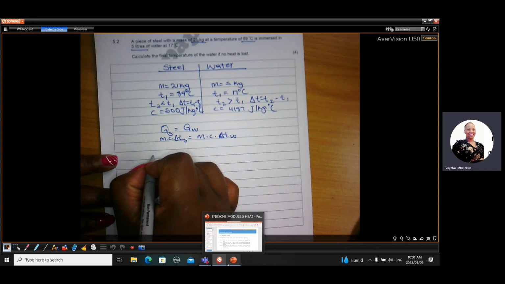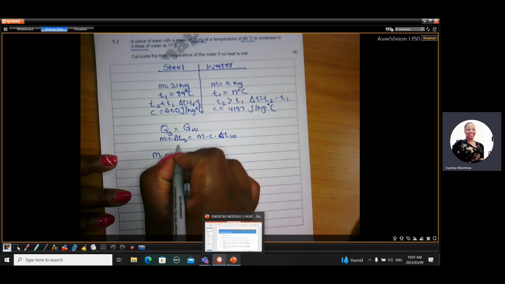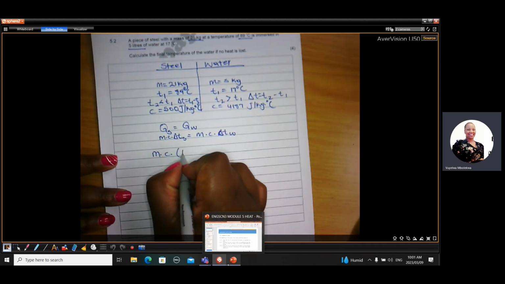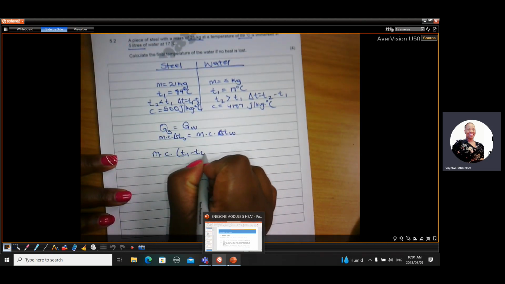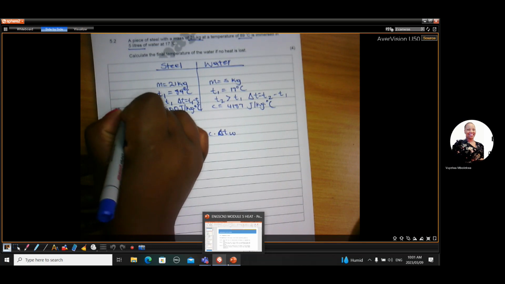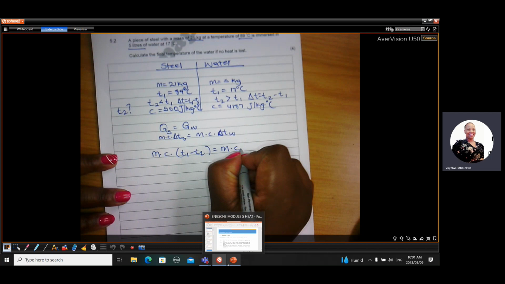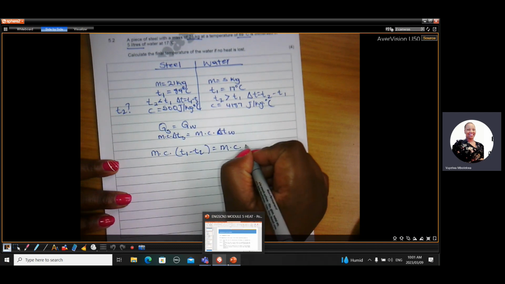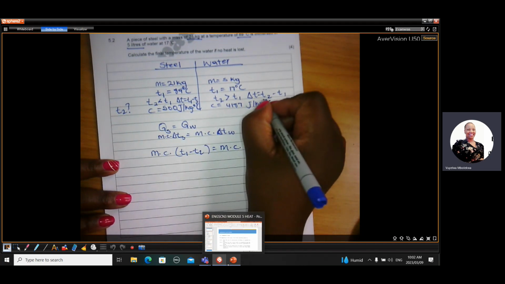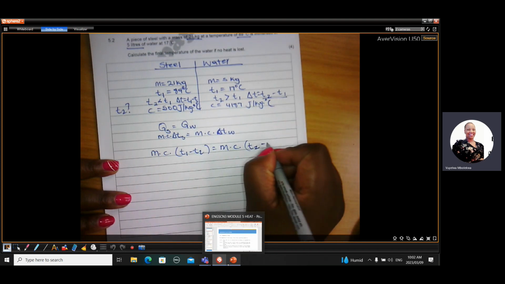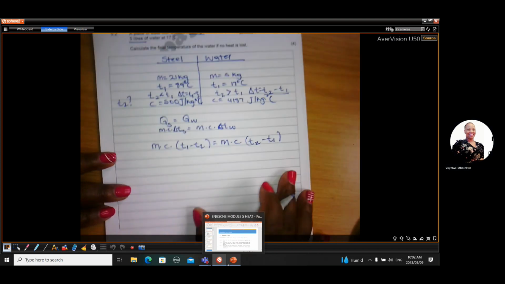But let's first expand the formula. MC delta T of the steel is going to be T1 minus T2. We're looking for T2. And then the MC delta T of the water is going to be, as we worked out already, T2 minus T1.